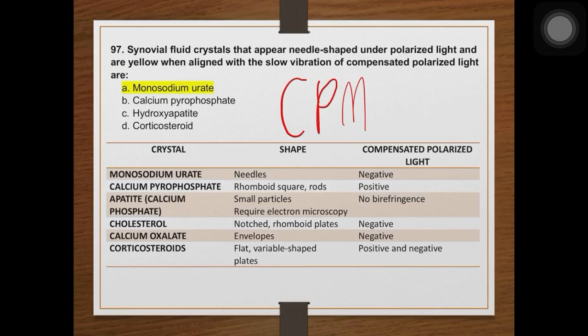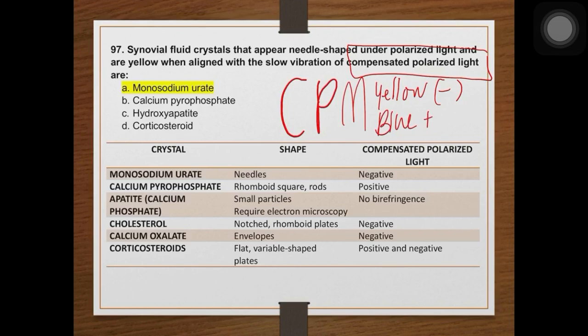So, to differentiate, ano pong gamit dito? A compensated polarizing light. A red compensator is placed between the crystal and the analyzer. Under a compensated polarizing microscope, kapag yellow po yung kulay, that is an indication of negative birefringence. At kapag blue, that is an indication of positive birefringence.